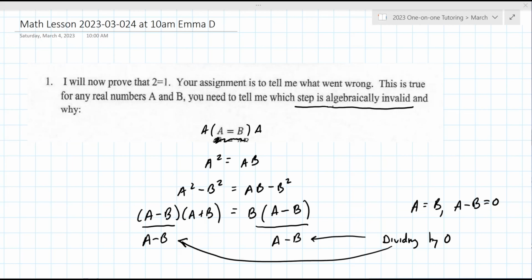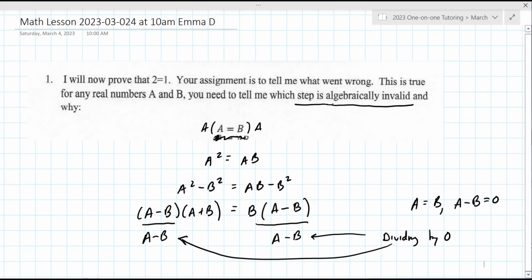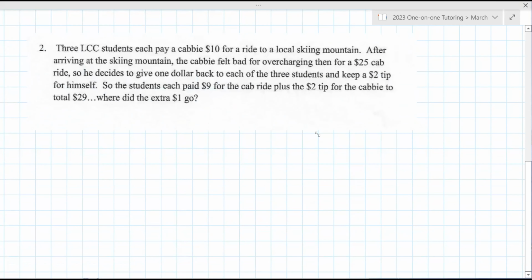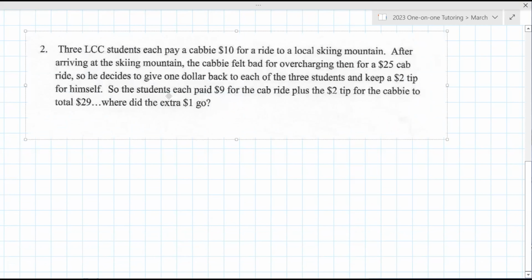All right, number 2, this one's kind of in the language, the issues here with number 2. And you see this again. You'll see this probably for the rest of your life, some variation on this. It says 3 students pay $10 for a ride to the local skiing mountain.